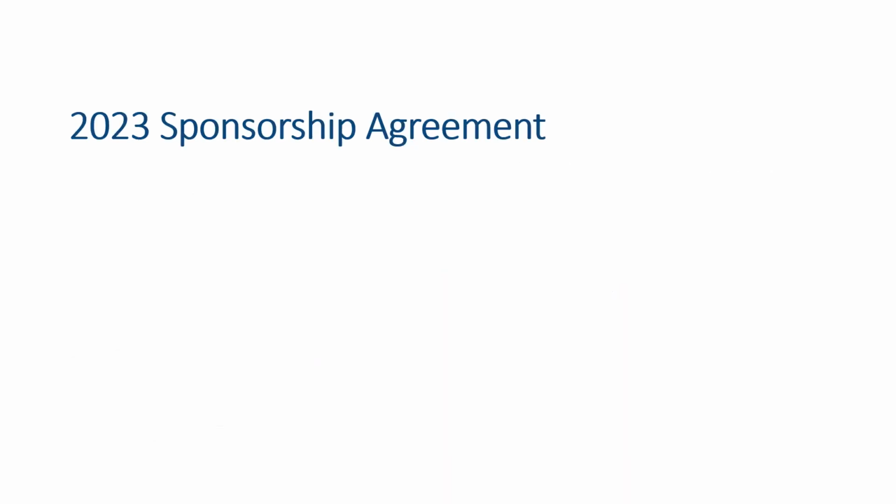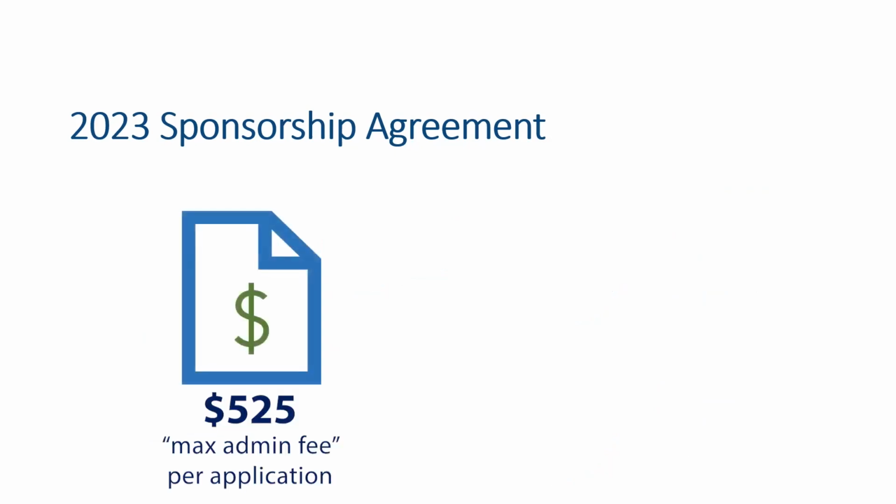Now, there's 2 other key changes to the sponsorship agreement as they relate to the risk management plans. The first is the fee that you as a SAR can charge to your CGs and co-sponsors for any admin costs incurred with you submitting the application to ISCC. That fee is $525.